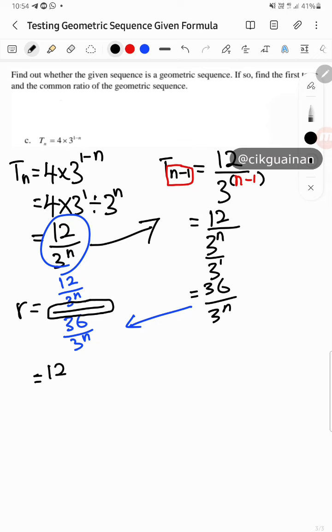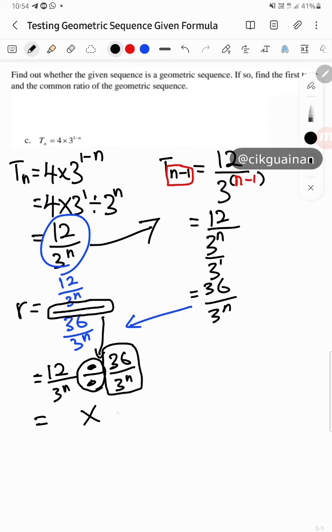So rewrite 12 over 3 power n, divided by 36 over 3 power n. And this division sign can turn into multiplication with a condition: the back fraction must be upside down. So 3 power n over 36.